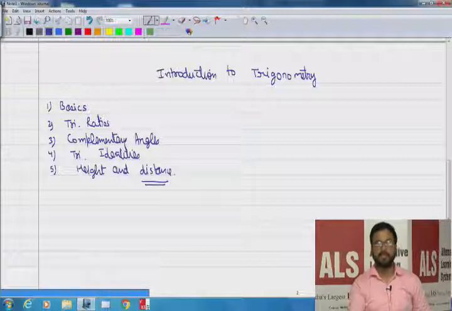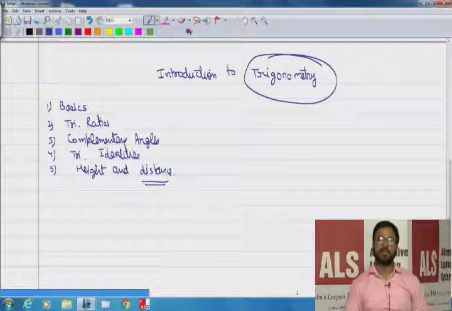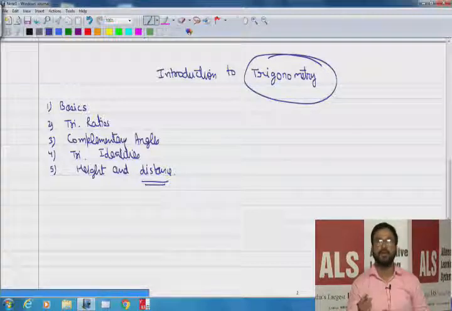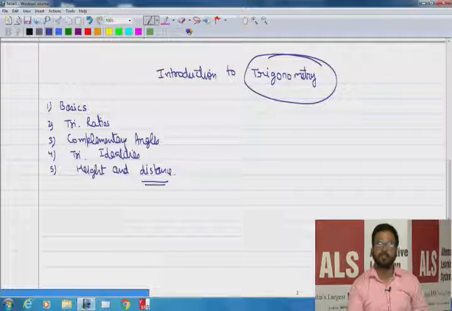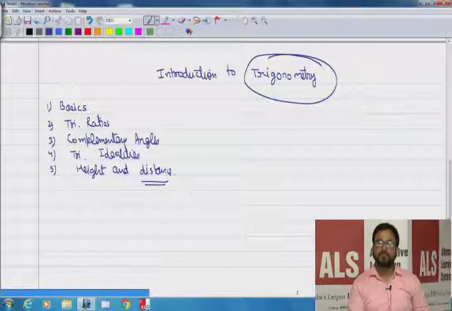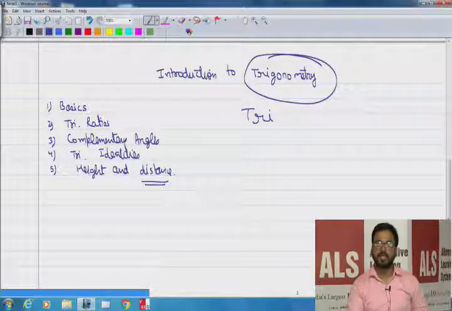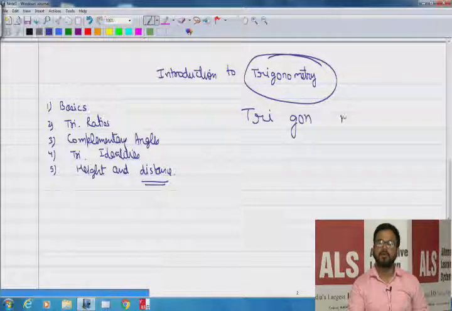So as you can see, the name of the chapter is trigonometry. First of all, let us understand what we mean by this word, why the name is called this. It is made up of three Greek words: tri, gon, and metron.